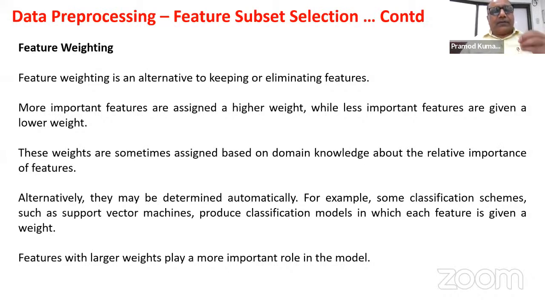For example, if I take the loan processing by the bank, a lot of features may be there: the age, the income, whether the person is married or not, I mean marital status, and some other features may be there.